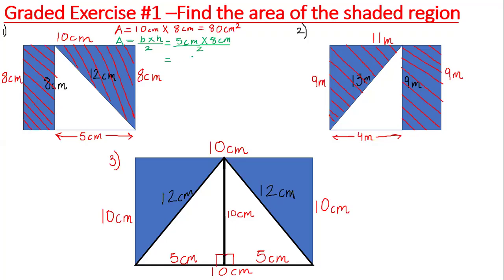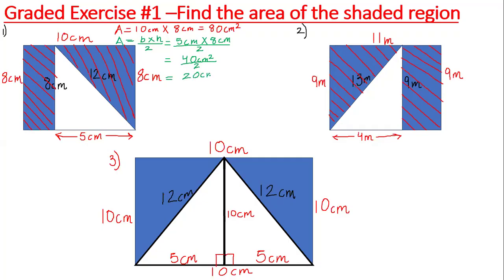So it's 8 times 5 divided by 2, which is 20 centimeters squared. But are we done?